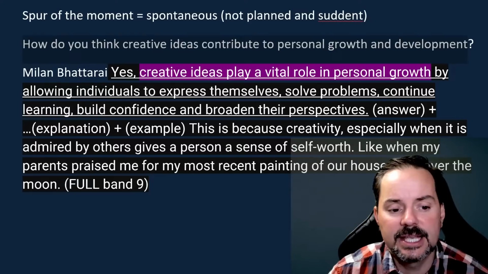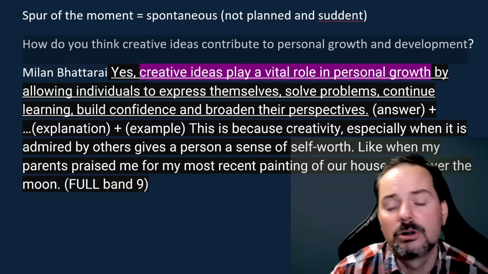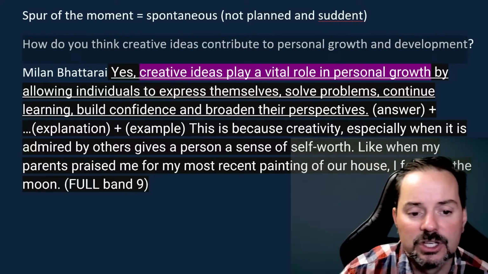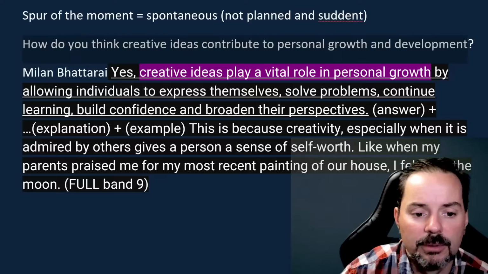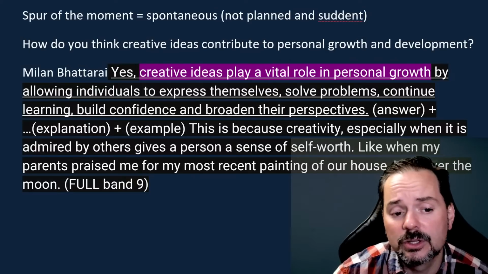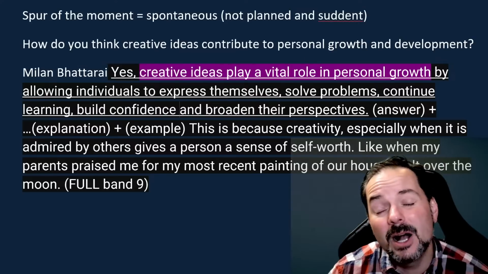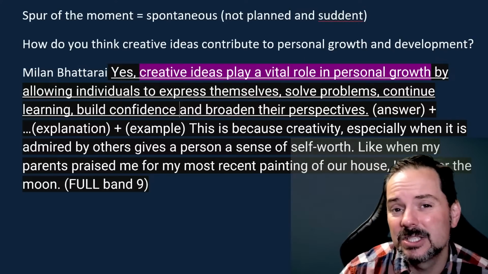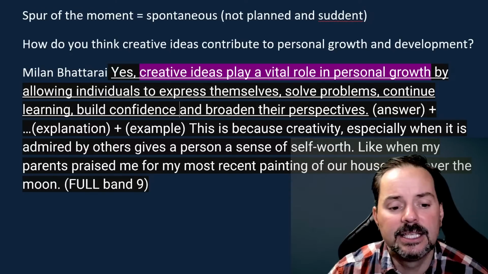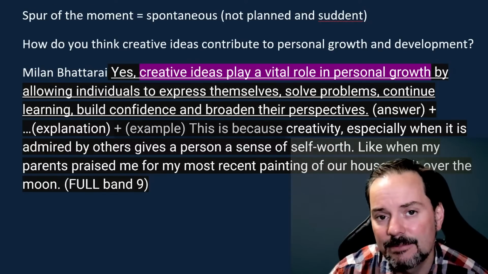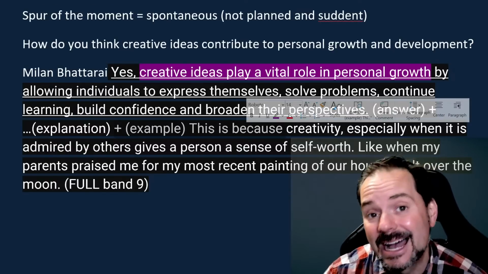ChatGPT will probably say it contributes to personal growth and development by allowing individuals to express themselves, solve problems. ChatGPT is clever at using the question too, so it will often say creative ideas play a vital role. But ChatGPT is not very good at giving explanations and examples unless you ask it to.